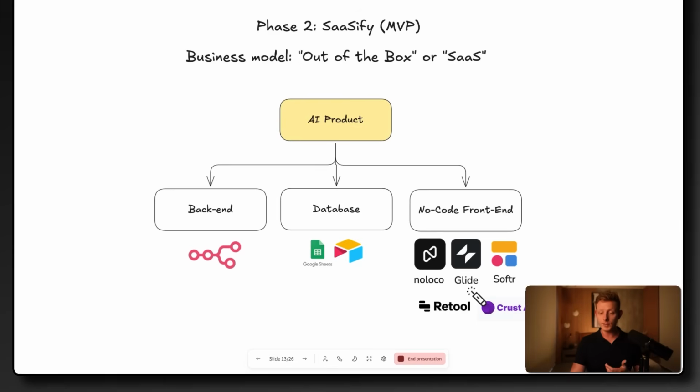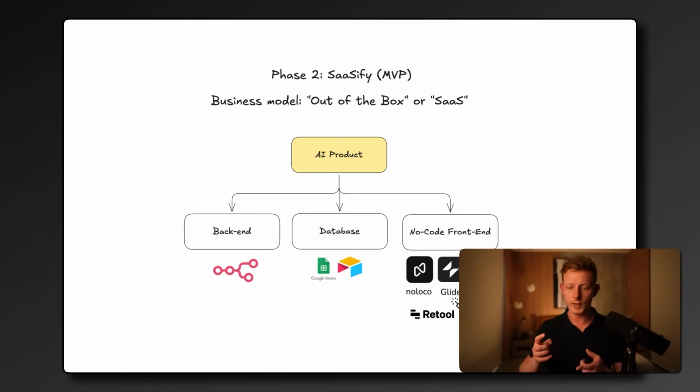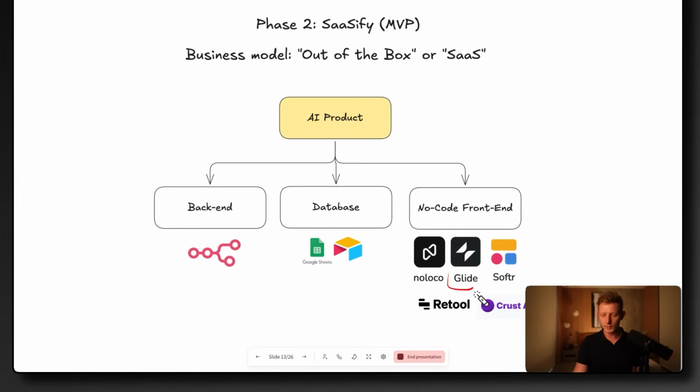Now, the advantage of these softwares is you can basically integrate Stripe and logins really fast and easily. So if you want to go the SaaS route and you want to start with an MVP and have that fast product iteration loop, I highly recommend checking out these tools. Retool and Glide are generally more focused on internal app building. I like NoLoco and Softr if you want to keep it flexible and lean. And Crossed AI is one that goes mobile first, right?